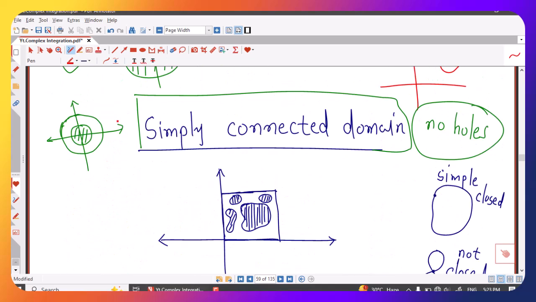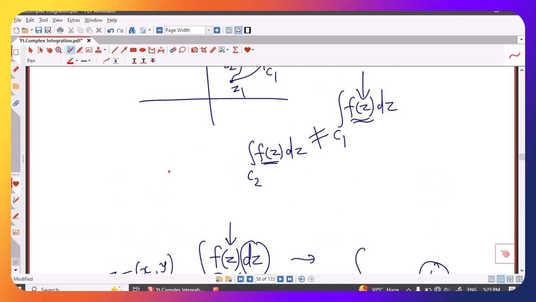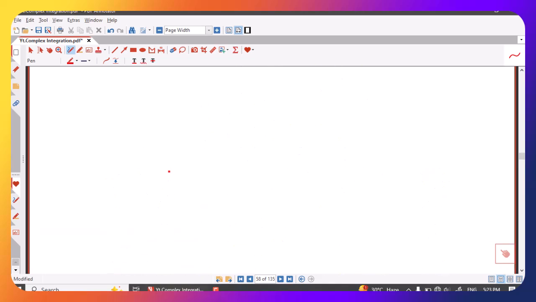So the problems which we have taken up to lecture number 12, in those problems we have taken those functions which are not analytic. But suppose I want to integrate z square in the complex plane along some contour, then I can use that earlier method.